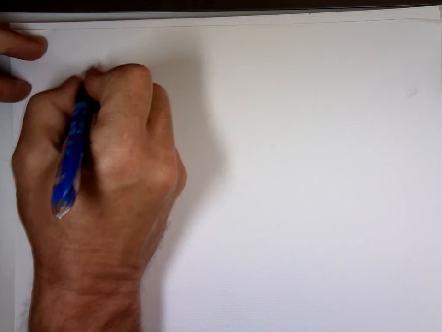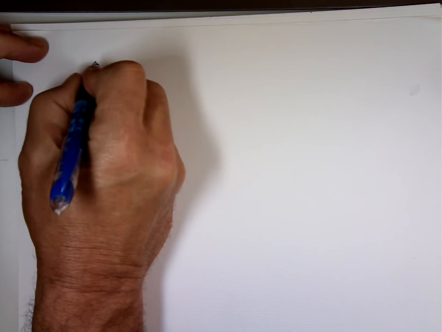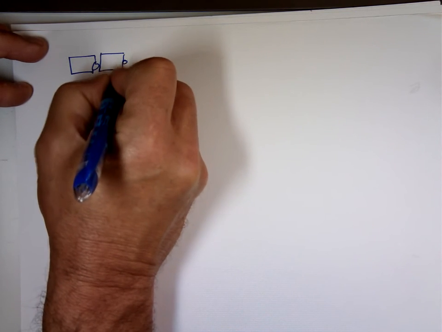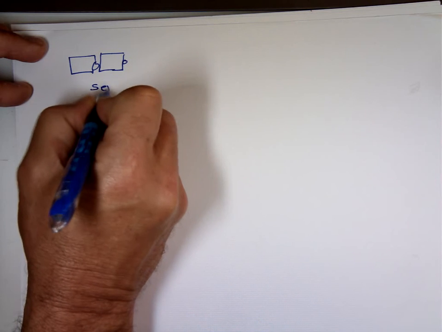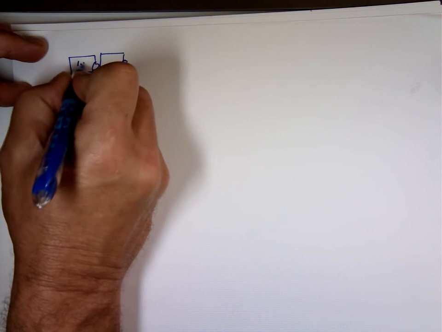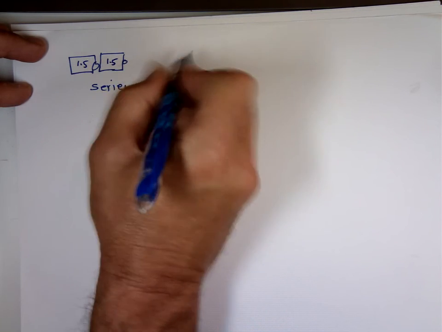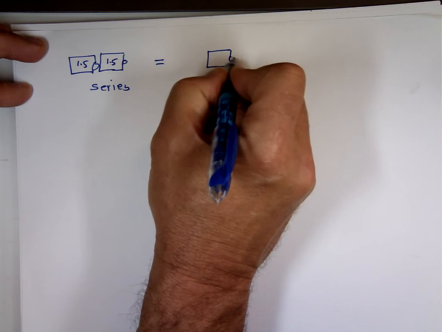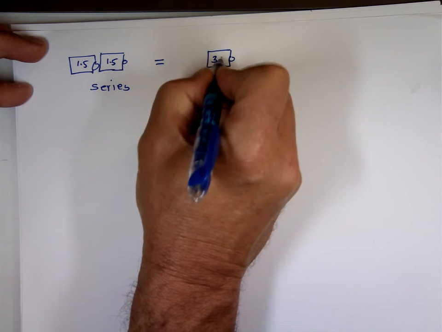When you take an element like a source, like a battery like this, and attach to it another battery like this, that's called connected in series. And because this is 1.5 volts, this is 1.5 volts, that's equivalent to having one battery of 3 volts. You can add them.